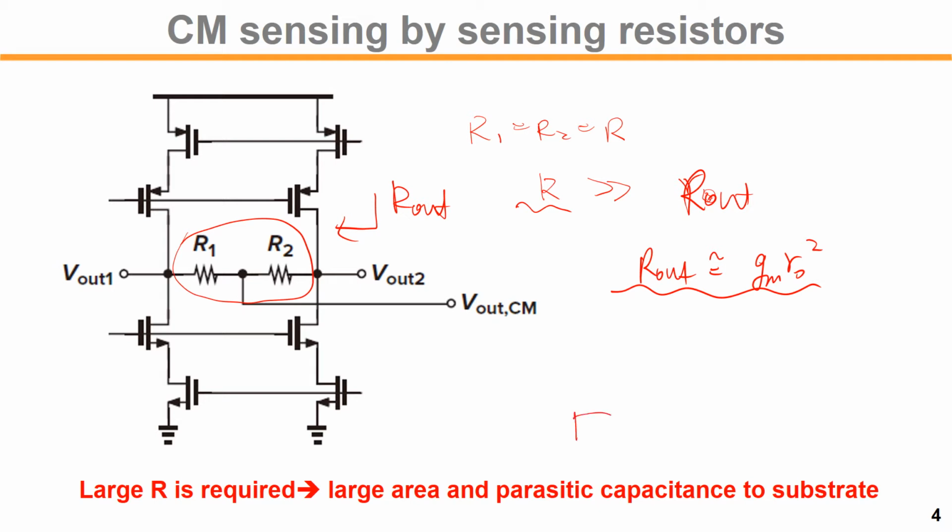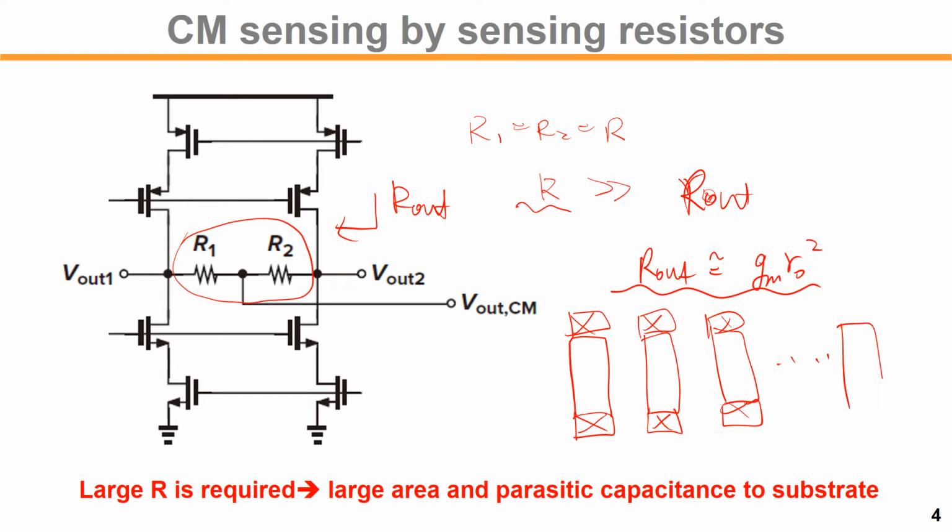If you think about the poly resistor layout here, you have a very large poly. To make a large resistor, you have to make an array of poly resistors with contacts, and then connect them with metal, like this.